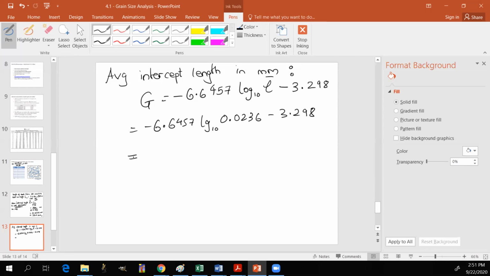So the grain size number ends up being, need my calculator for this one. So minus 6.6457 times log of 0.0236, minus 3.298. So it's 7.5, right?